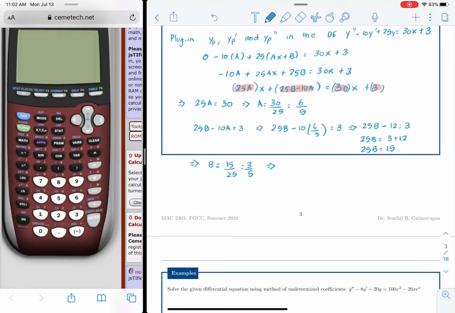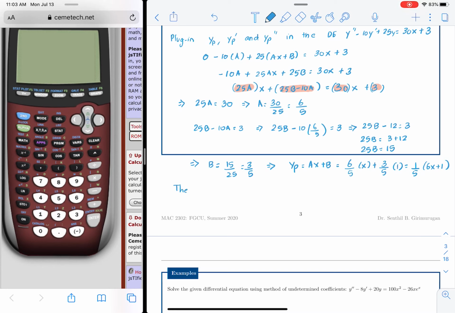So the particular solution, yp, we know that it is of the form ax plus b. We found a, which is 6 over 5 times x. We found b, 3 over 5 times 1. We have 1 over 5 in common. If I pull that out, I have 1 over 5 times 6x plus 3.